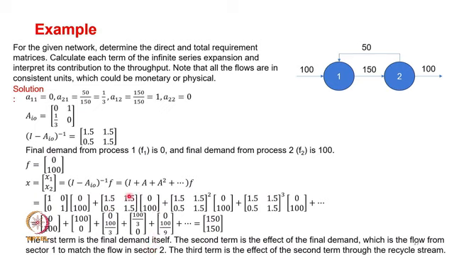The second term shows the effect of the final demand with the flow from sector 1 to sector 2, and the third term is the effect of the second term through the recycle stream, and so on and so forth. Eventually you can compute it, and you will get a value which corresponds to the final x.